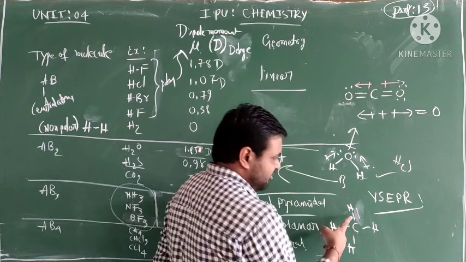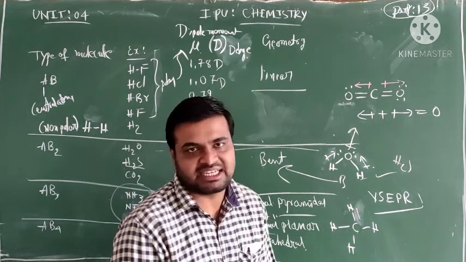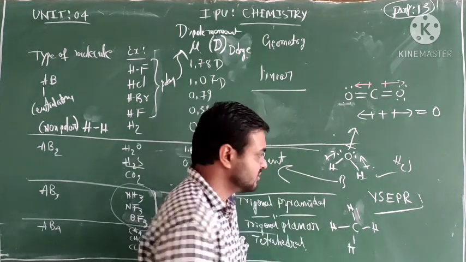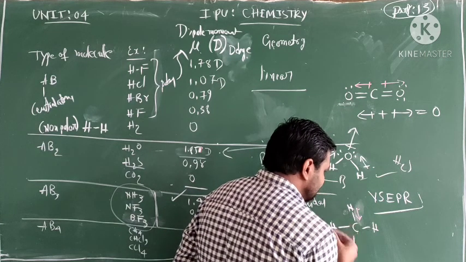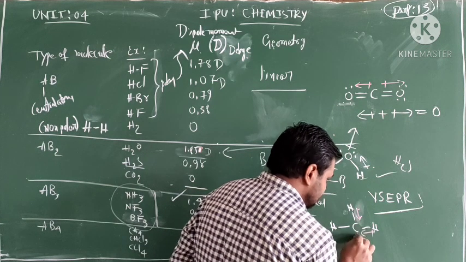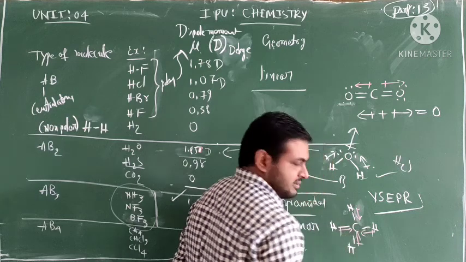The electrons move towards the carbon atom because hydrogen is less electronegative than carbon.